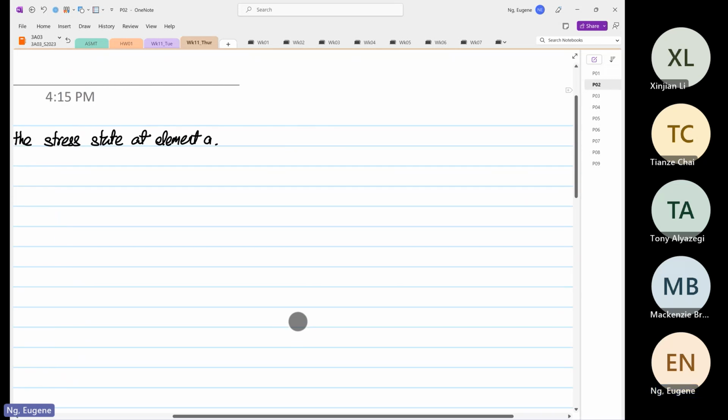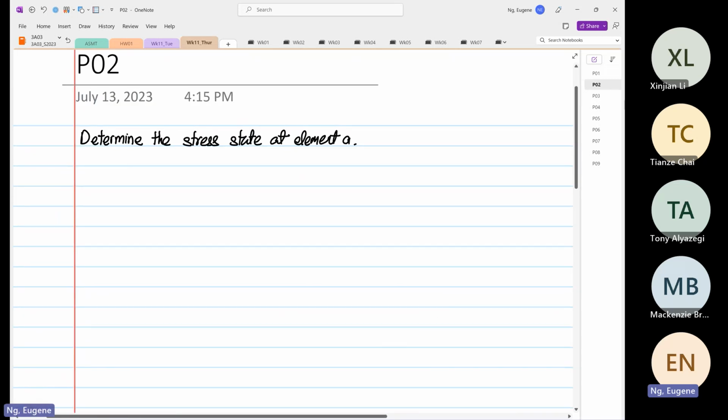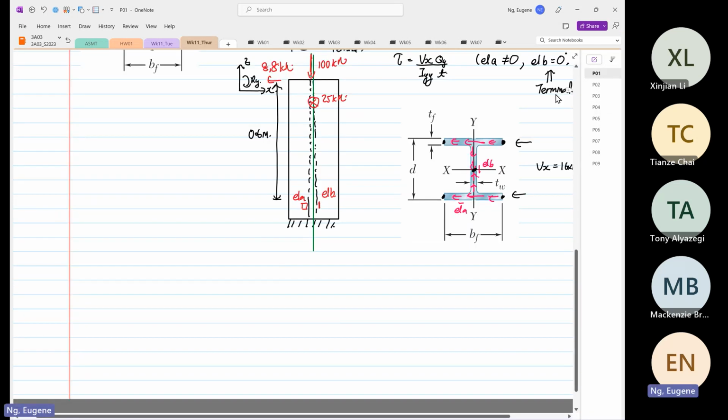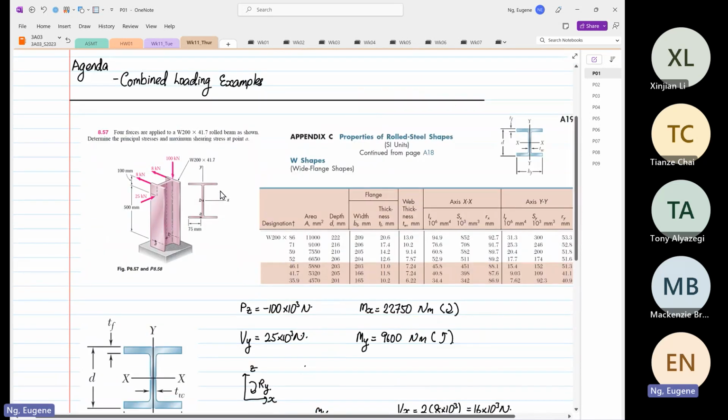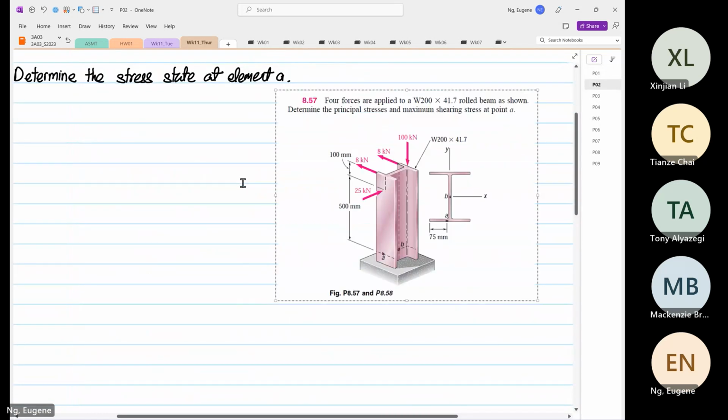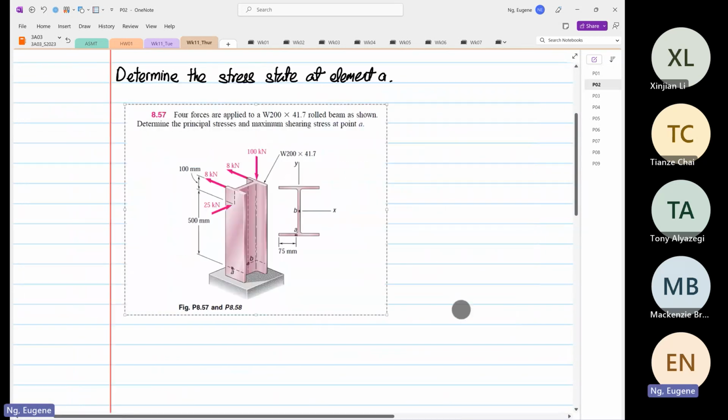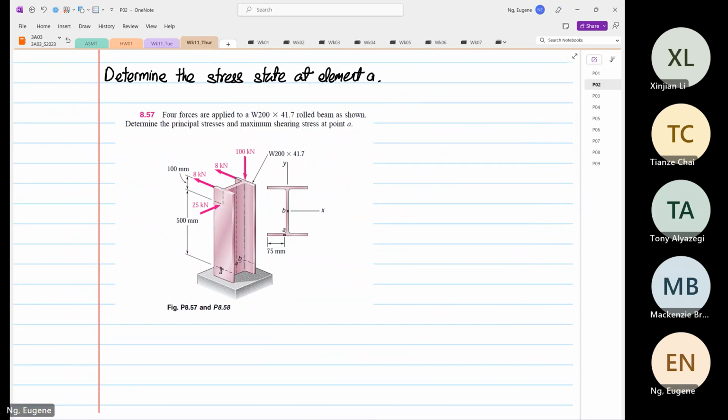We're going to do the stress state of element A. So let me copy this diagram again. To see clearly, over here, this is our element A.